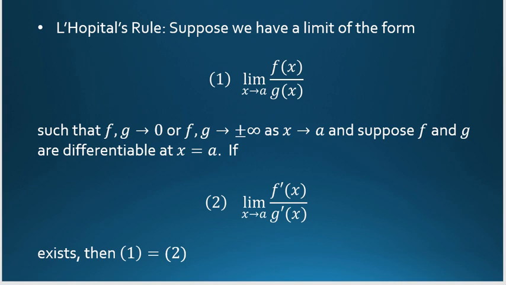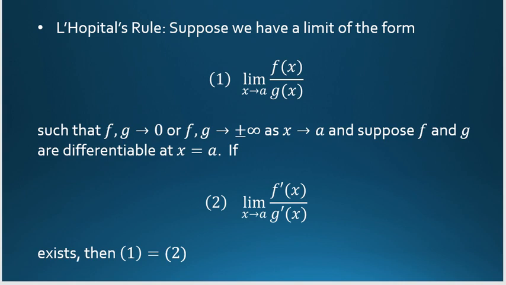If the limit as x goes to a of f prime of x over g prime of x is a real number, then this limit will be equal to the limit that we were given. 1 is going to equal 2. The limit of the ratio of the derivatives is equal to the limit of the ratio of the functions that we were given.